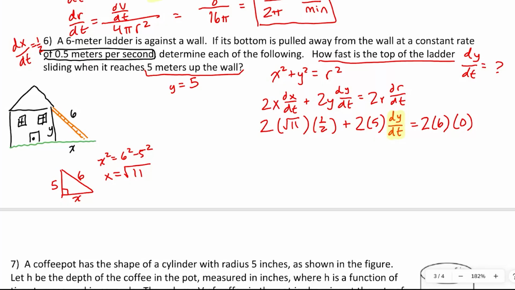Everything's filled in. We just need to isolate dy dt. So just simplifying this a little bit, 2 times 1/2 is 1. So this is just going to be root 11 plus 10 times dy dt equals 0. There's a weird looking t there. Let's fix that.